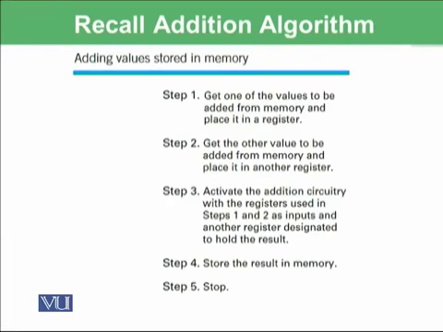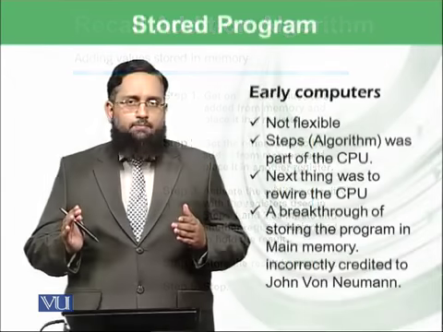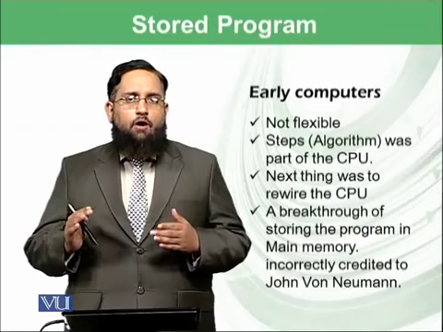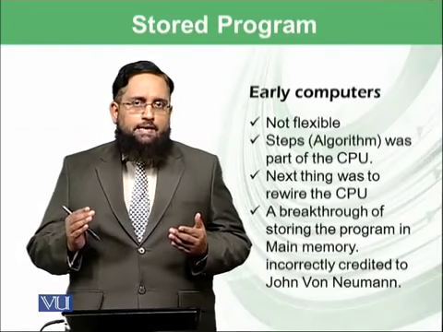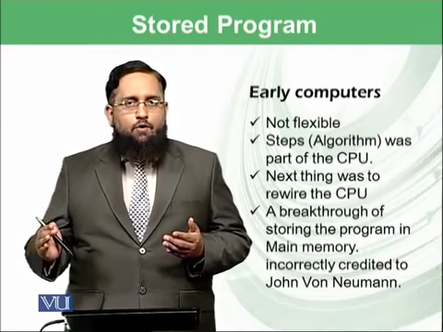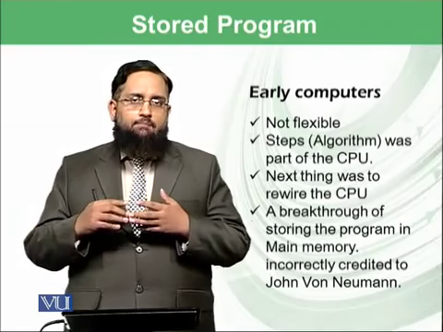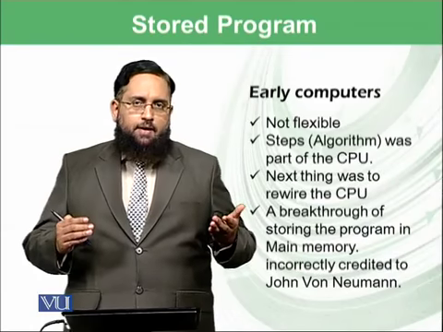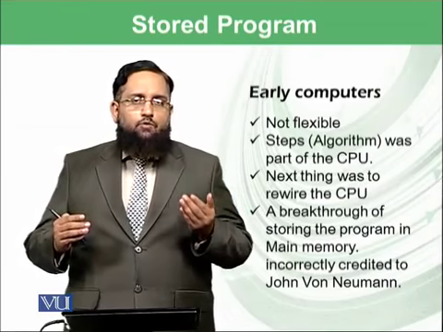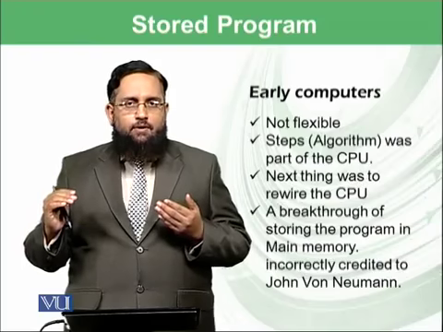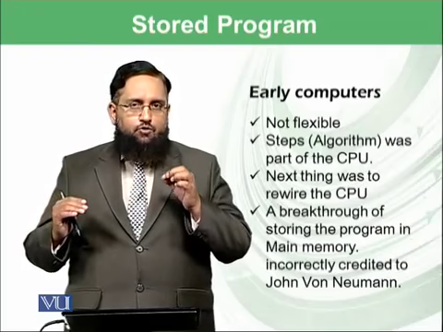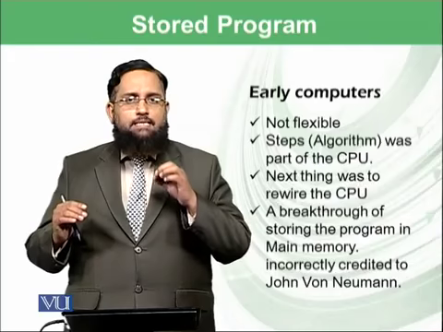This means that one computer built by a scientist could only perform addition. If we want to subtract numbers, we need another computer. If we want to multiply numbers, we need another computer, because we do not save that program somewhere in the computer. However, it was stored within the central processing unit.